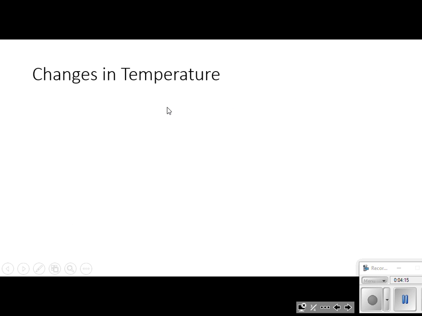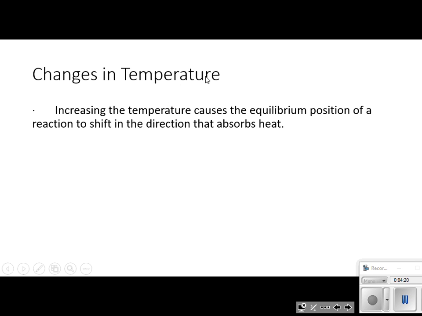Now, change in temperature. It's the same thing. Increasing the temperature causes the equilibrium to shift in the direction that absorbs heat. So, if I look at this particular equation, it's a reversible reaction.